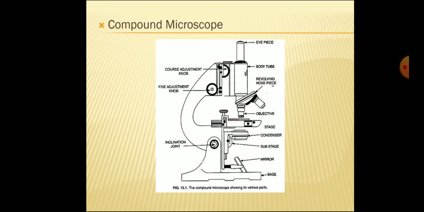It passes light as a cone of light so as to illuminate the object or specimen. The refracted light is collected by an objective where a primary image of the object is formed. This is a real, inverted, enlarged image of the object. It is formed in the body tube.